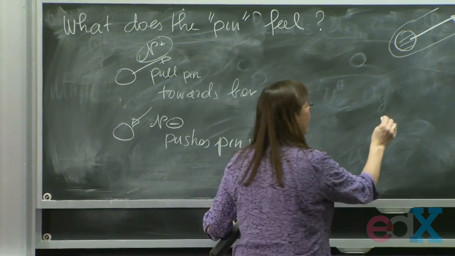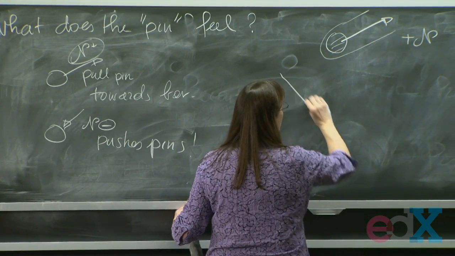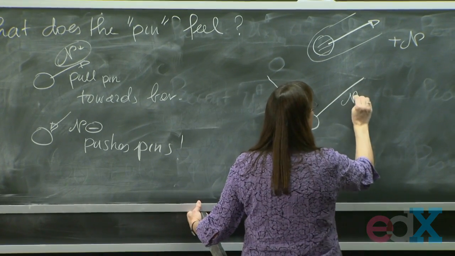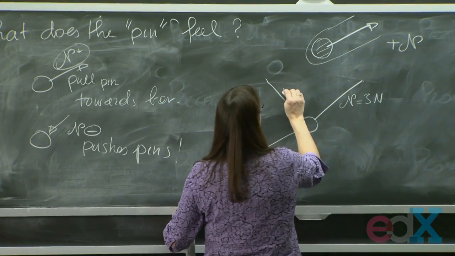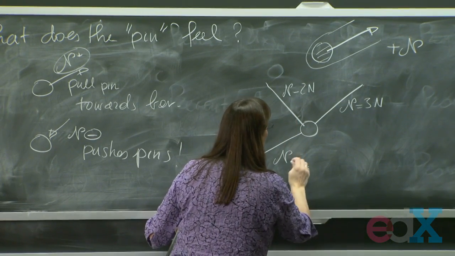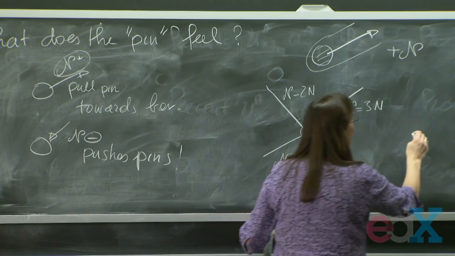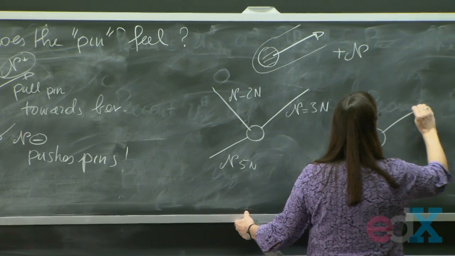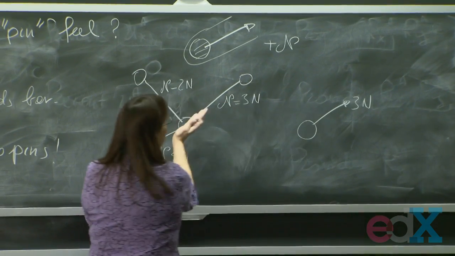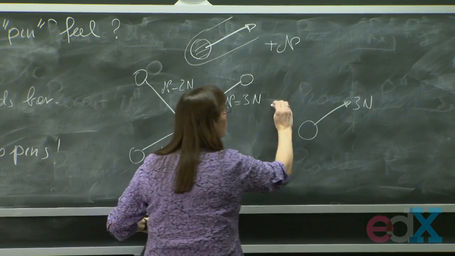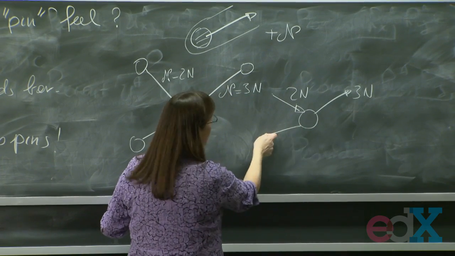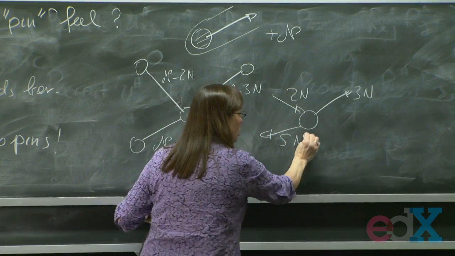So, for instance, if I have a pin like that and it's attached to this bar, and this bar, and I tell you that N here is 3 newtons, N here is minus 2 newtons, and N here is whatever, 5 newtons. What this means is that the pin feels 3 newtons pulling in the direction in which the bar was, 2 newtons pushing from that way, and 5 newtons pulling along this direction. You see what I mean?